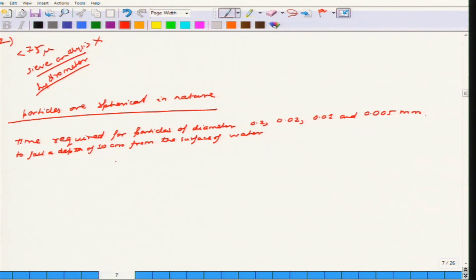Now, as you all know, in a hydrometer analysis the hydrometer is kept immersed here while the particles are allowed to fall. The mix is prepared, and it consists of particles of varying diameter. Gradually the heavier particles will settle first, then the lighter particles will settle.